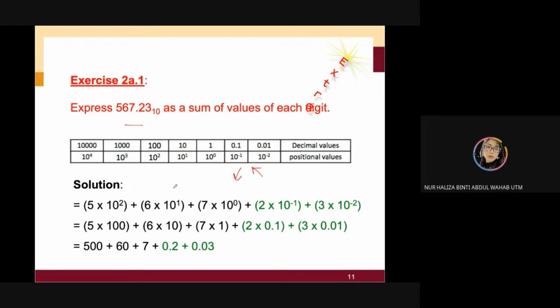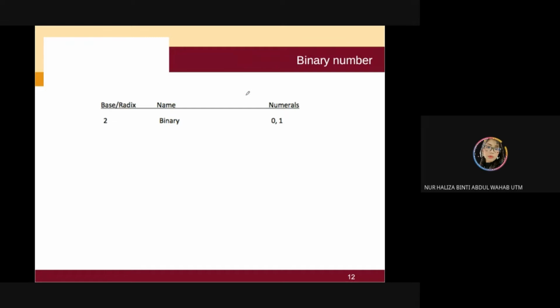Okay, after we are done with our decimal, our normal numbering system, which is base 10, we're going to look into the binary number. Again, we only have 0 and 1, which we normally apply in our digital logic, 0, 1, 0, 1.